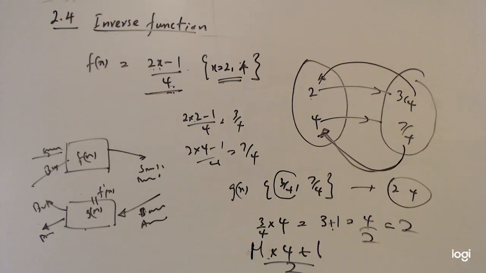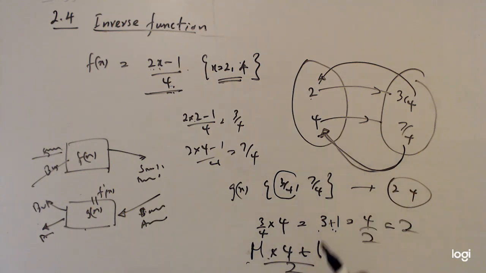So M times, whatever it is, multiply by 4, add 1, divide by 2. So when you put 3 over 4, multiply by 4 becomes 3, add 1 and divide by 2.